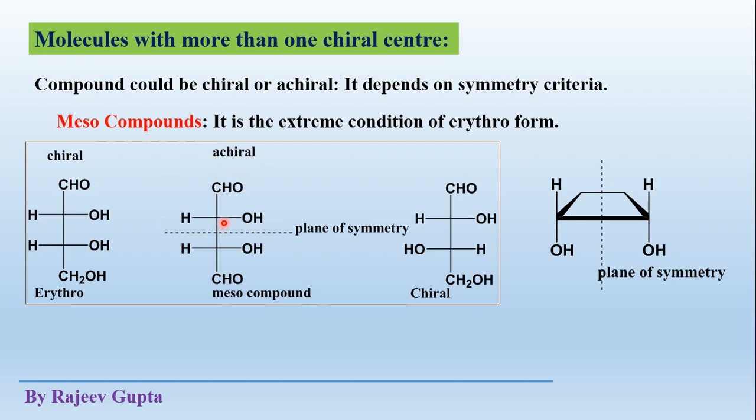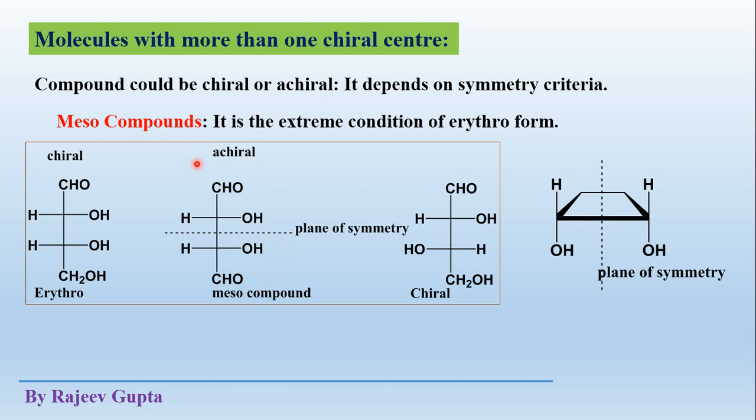This half portion, if it changes the angle of rotation of a plane polarized light in a direction, suppose clockwise, then this opposite portion changes the angle of rotation in the same magnitude in the anti-clockwise direction, means the opposite direction. So overall we get a 0 degree angle of rotation.